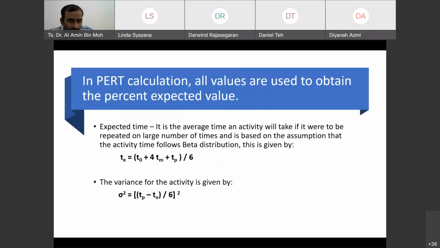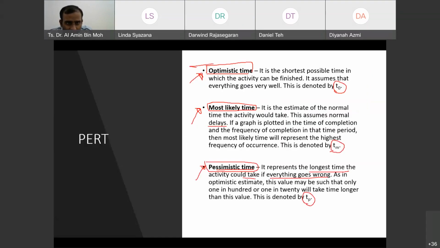So in PERT calculation, all values are used to obtain the expected value. By considering all of these 3, you need to consider all of them to get the expected time, or we can call it average time.